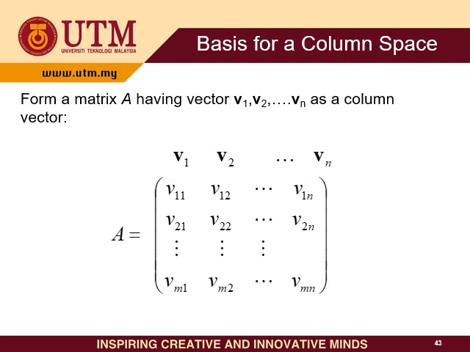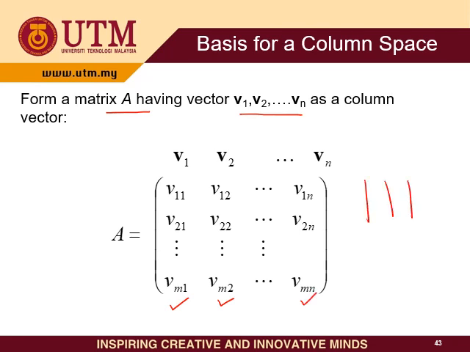Same as our row space, we form a matrix A having the vectors as column vectors. So we can see this is our V1 here, first column, V2, the second column, and then so on, Vn. Okay, so we make it into columns.